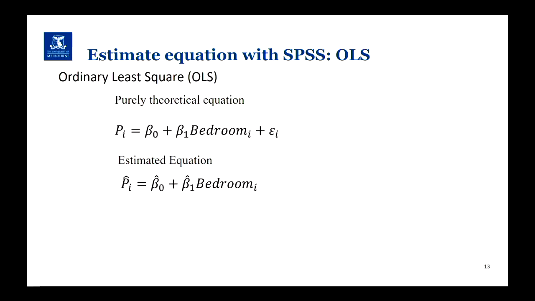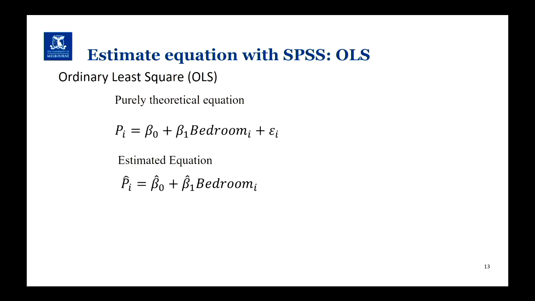SPSS. And before we do that, I'll just give you a quick introduction to the estimation method, which is ordinary least squares estimation, or estimator. And we use the simple linear regression as an example.